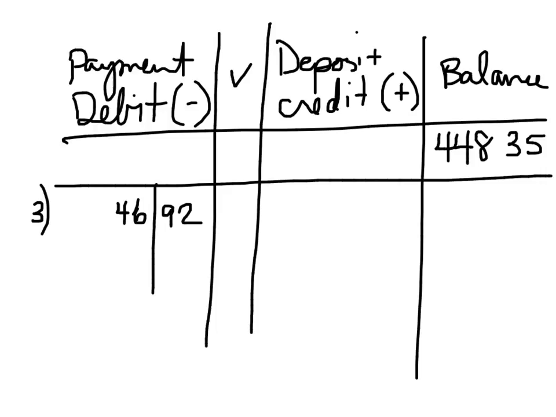Am I adding or subtracting, first of all? Subtracting, because I'm in the subtracting part. Am I subtracting A, $4,692, or B, $46.92? What would I be subtracting for this problem, do you think?